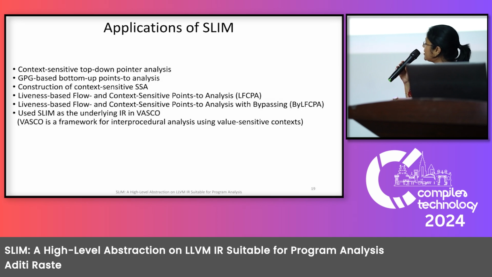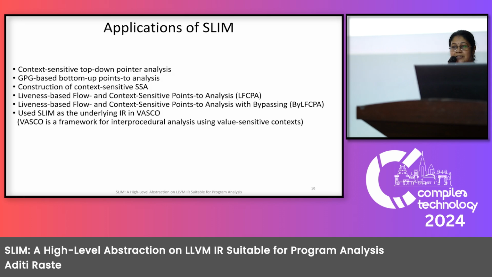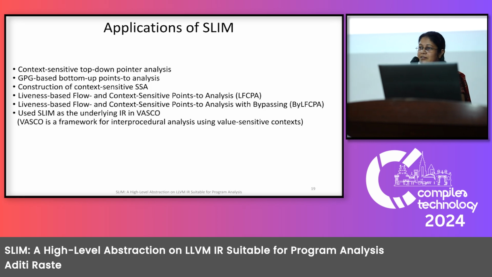So we are using SLIM for context-sensitive top-down pointer analysis, GPG-based bottom-up points-to analysis, construction of context-sensitive SSA, liveness-based flow and context-sensitive points-to analysis, we call it LFCPA, and LFCPA with bypassing, or by LFCPA. And we use SLIM as the underlying IR in VASCO. VASCO is a framework for interprocedural analysis using value-sensitive contexts.